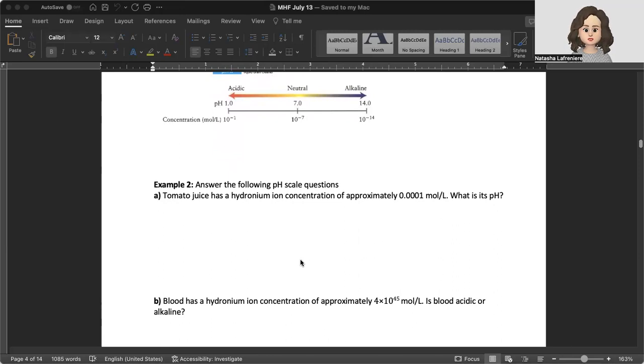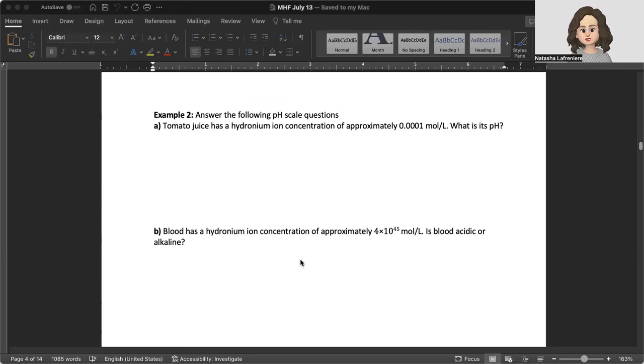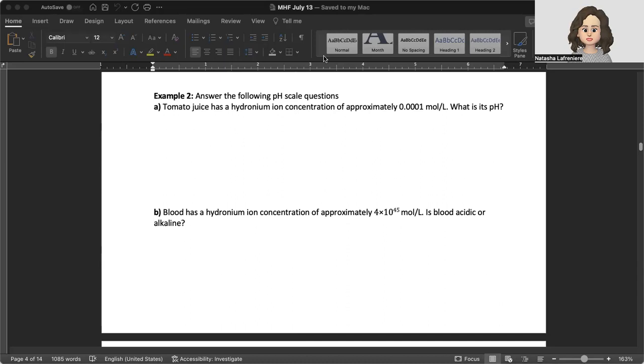So tomato juice has a hydronium ion concentration of approximately 0.0001 moles per liter. What is the pH? Okay, so we're going to use our equation where pH is equal to negative log of H plus. My goodness.